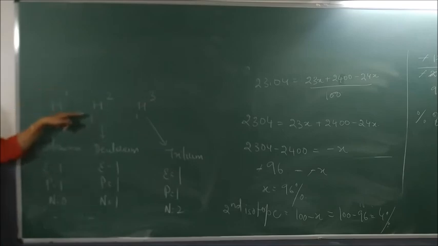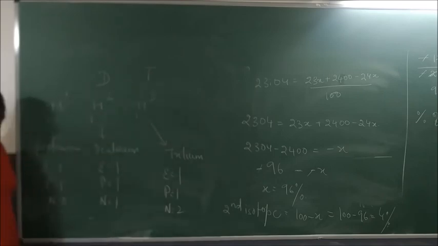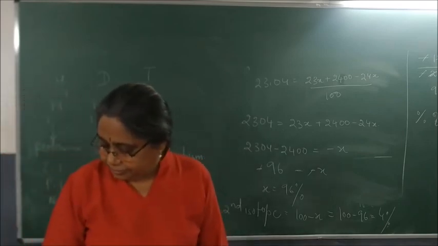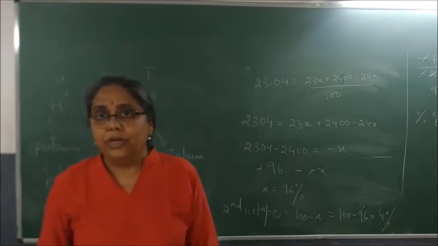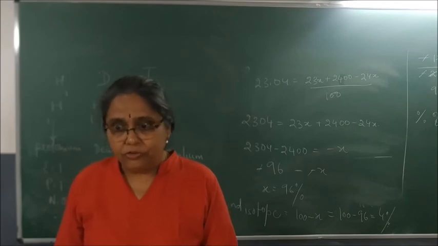So H21 is called deuterium and represented as D. H31 is called tritium and represented as T. And this is represented as H, hydrogen. Please write. Write fast. Shall we pause? No, we'll finish.